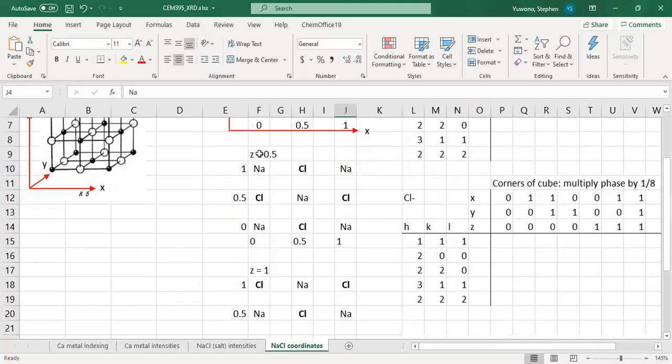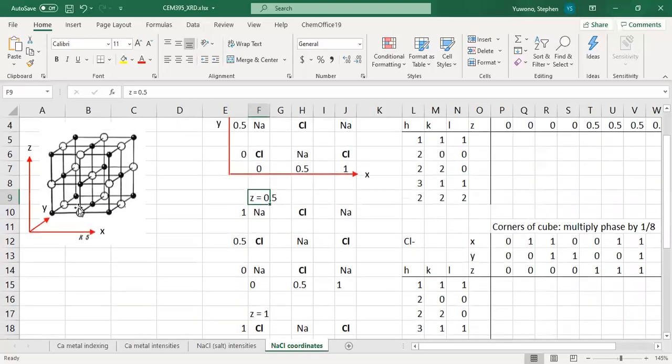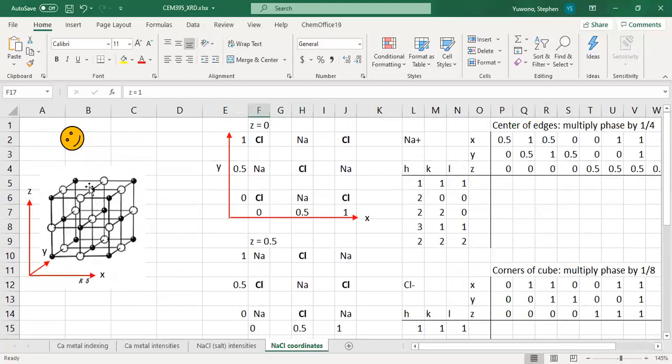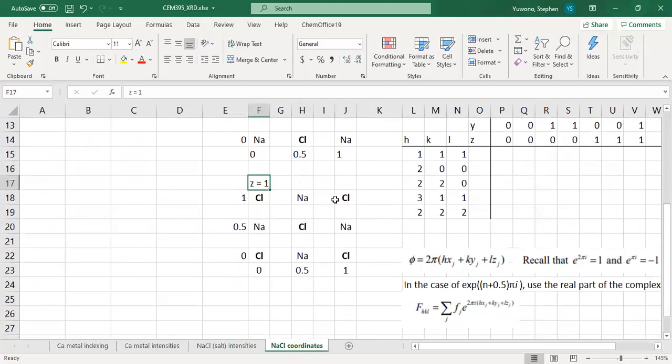And then we can go to the next slice of our unit cell, where now we have sodium in the center and on the corners of the square, and then chloride on the edges. And we can do the same exercise, obtain the coordinate. And then we do the same thing for the top layer, which is going to be similar to the bottom layer, except now your z is going to be 1.